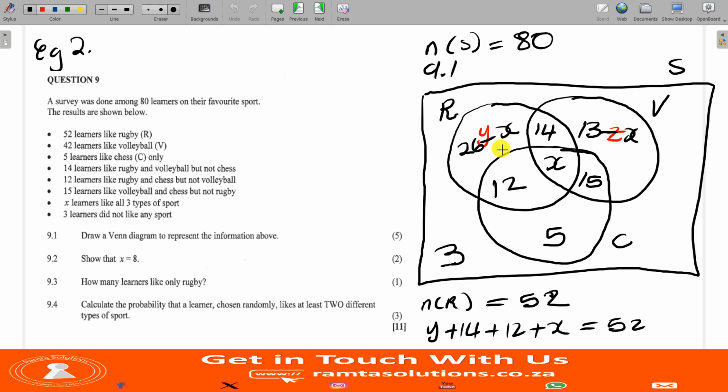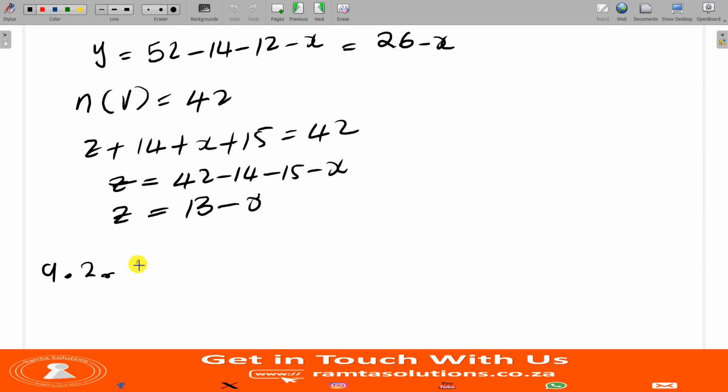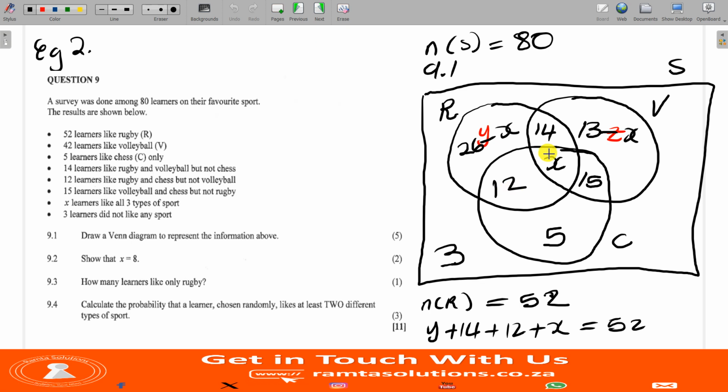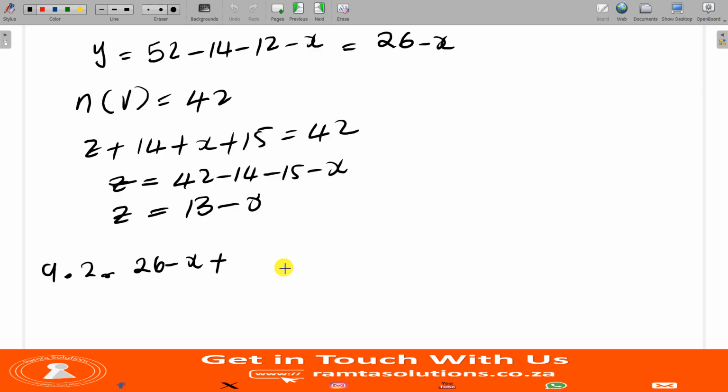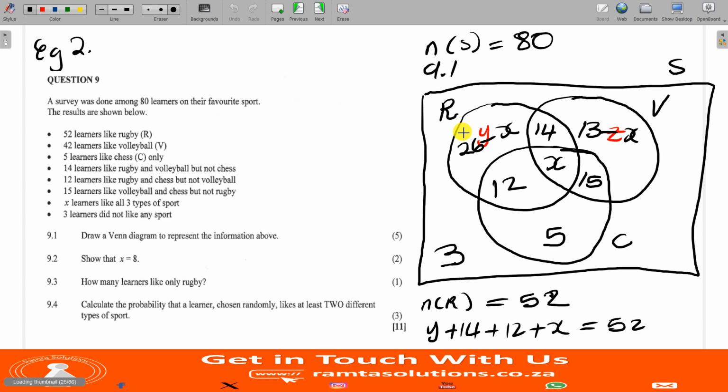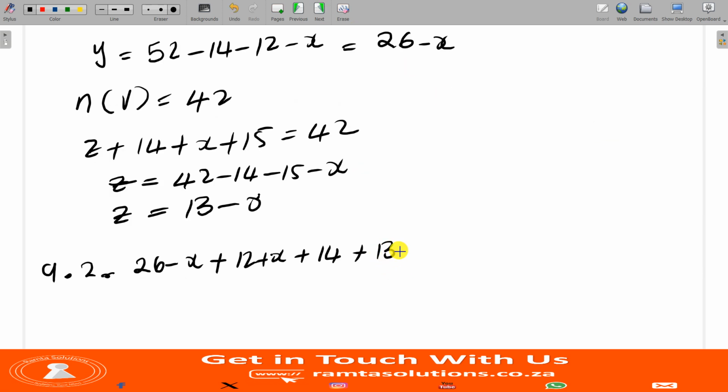Okay, remember, you shouldn't repeat anything. So what are we going to say? We have 26 minus x plus 12 plus x plus 14 plus 12 plus x plus 14 plus 13 minus x plus 15 plus 13 minus x plus 15, right?